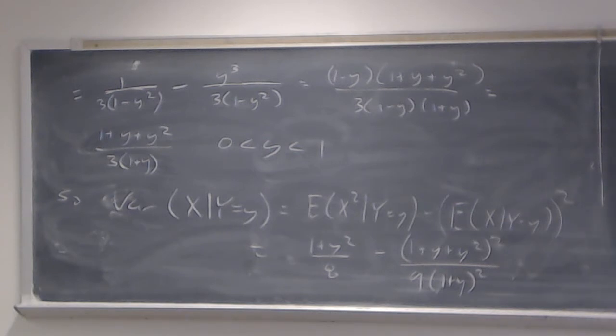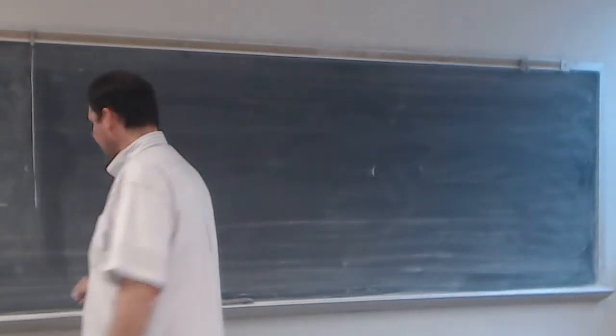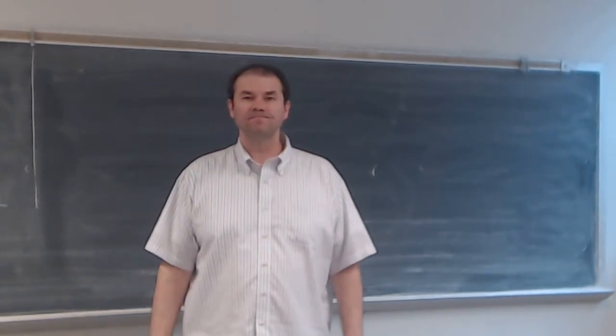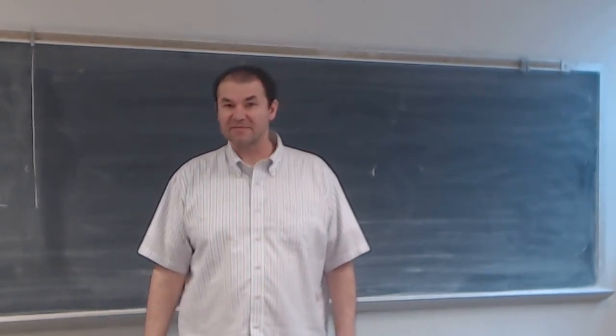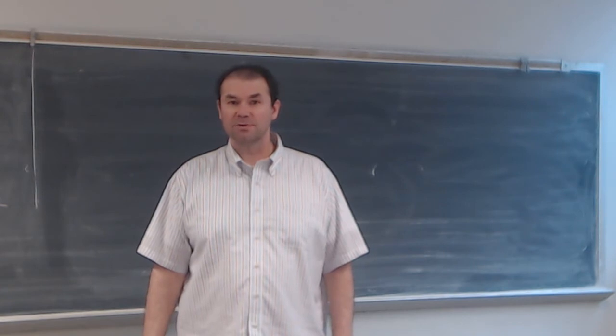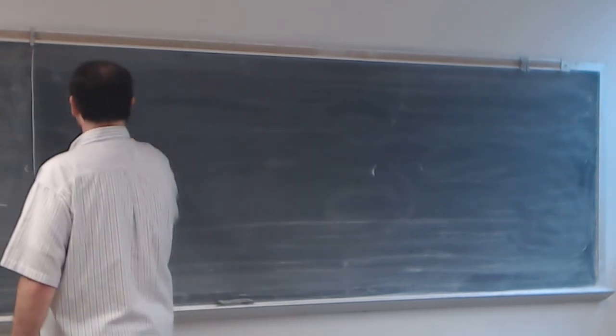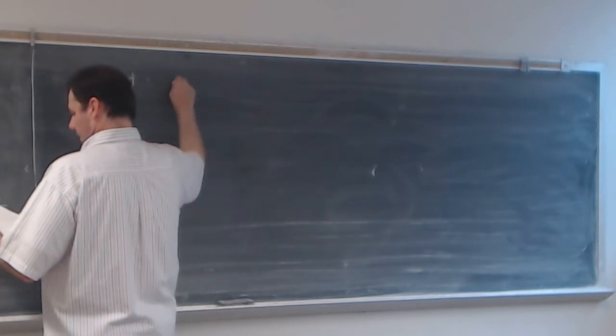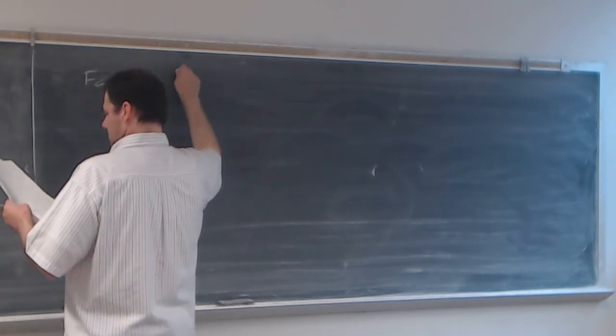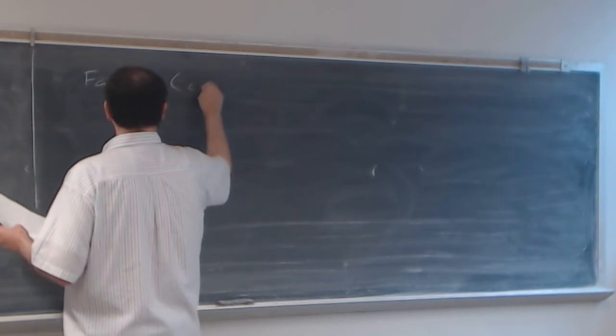There's two more things I want to do. The first is analogous to where we had a fact relating the expected value of a random variable to conditional expectations. Here we're going to have the following fact, called the conditional variance formula.